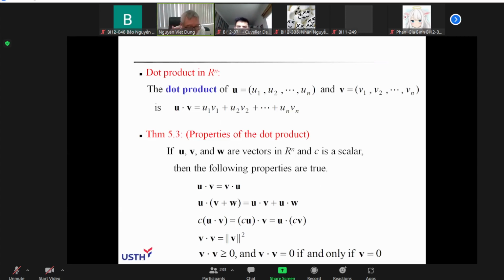However, we have 4 important properties: 1, 2, 3, and here is property number 4. Please keep in mind that we need these 4 properties of the dot product because we are going to borrow those properties to define something else later.